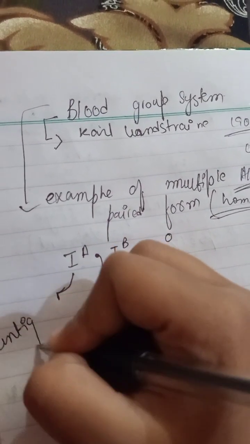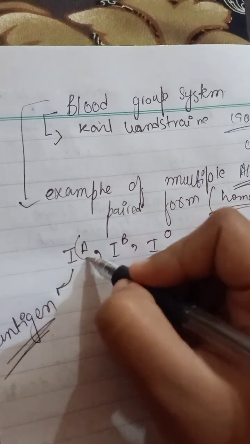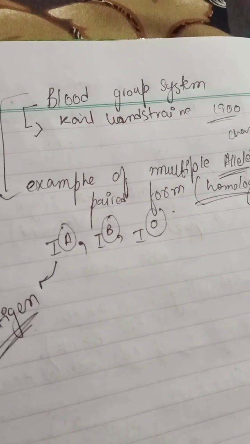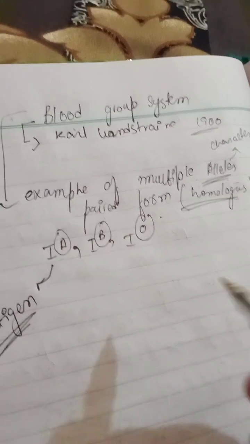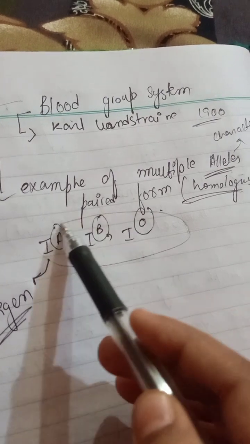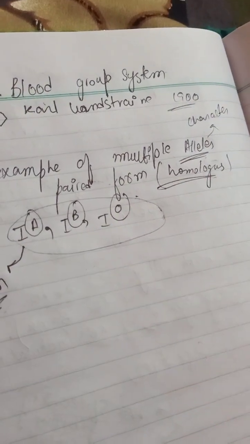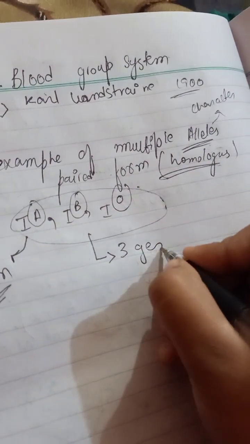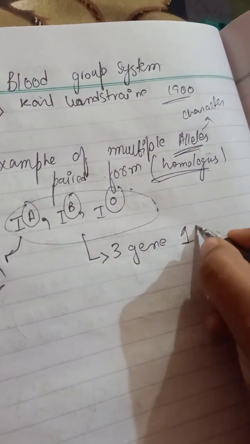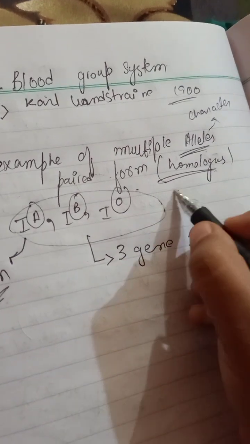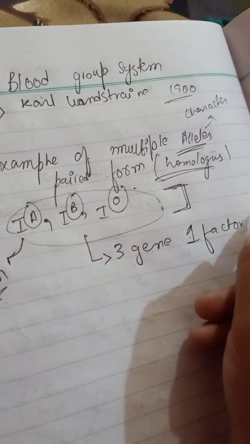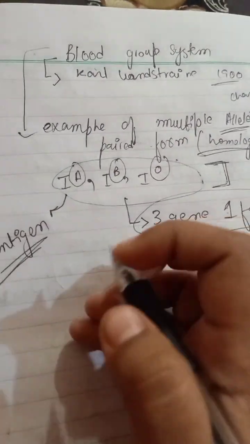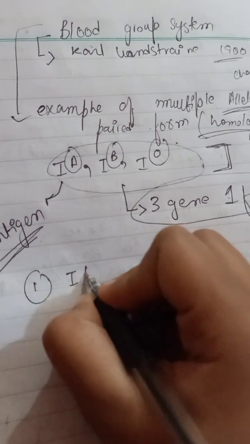This represents the antigen: there is blood group A, blood group B, blood group O. These are the factors of the blood group, and three genes control this one factor. For example, we have the blood group A and A.